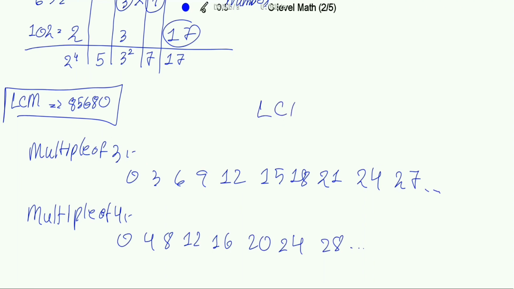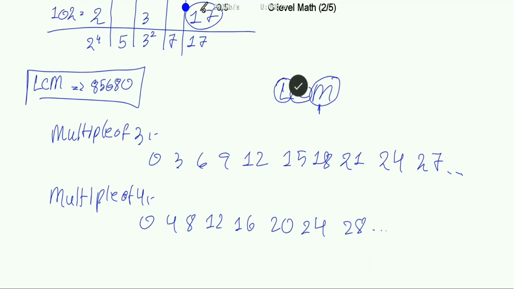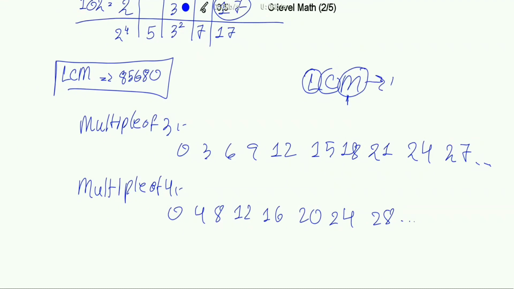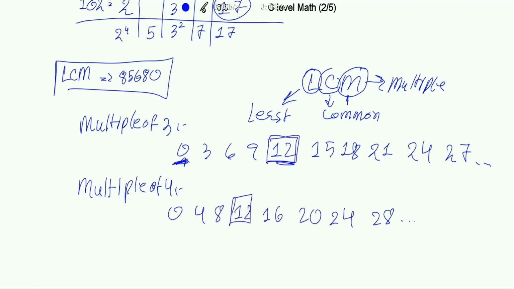Now I want to find the LCM of these two numbers. LCM, first of all, it's a multiple, it's a common multiple, and it must be the least one. So least common multiple. Right here I can see that 12 is the least common multiple. 12 is the LCM of 3 and 4.